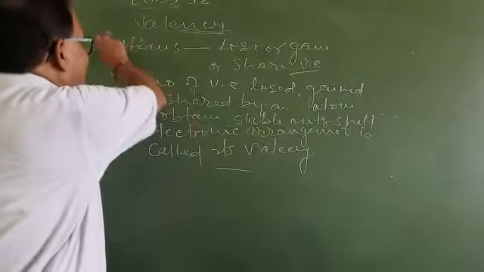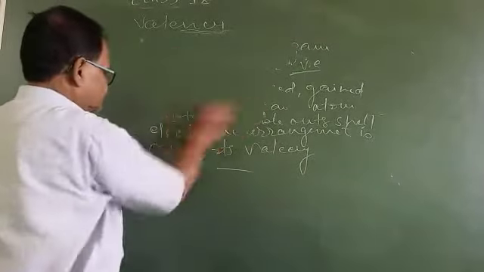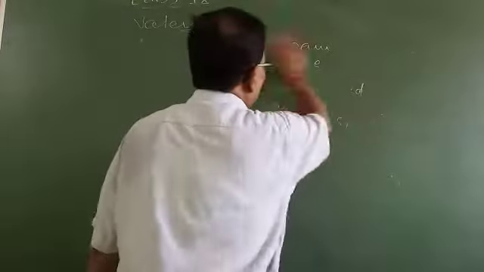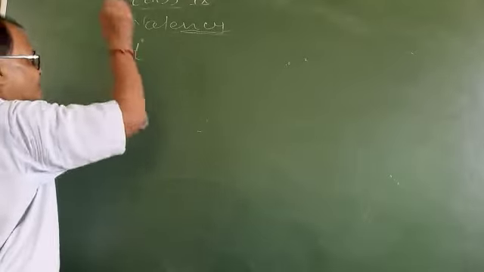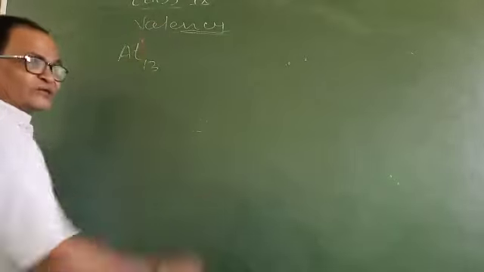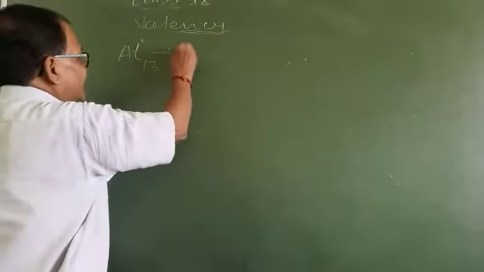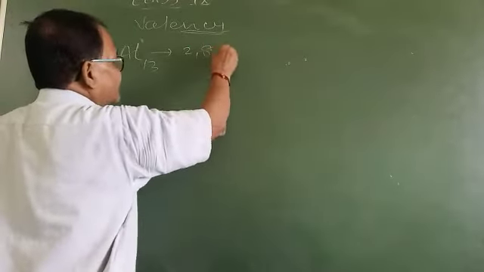For example, aluminium has atomic number 13 and this electronic arrangement.